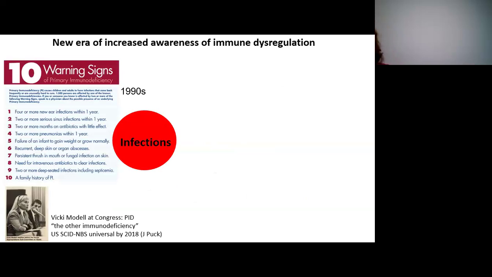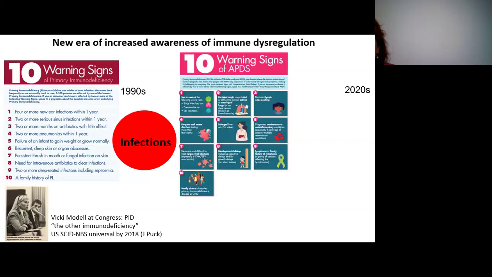She wanted to have awareness about this disease. And as of 2018, we have universal newborn screening in the US for SCID, the most severe form of immunodeficiency. So we have really come a long way to understand the immunodeficiencies that had to be addressed right at the beginning.